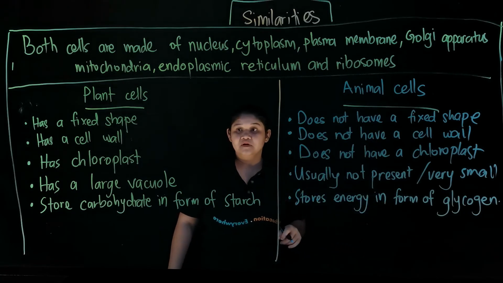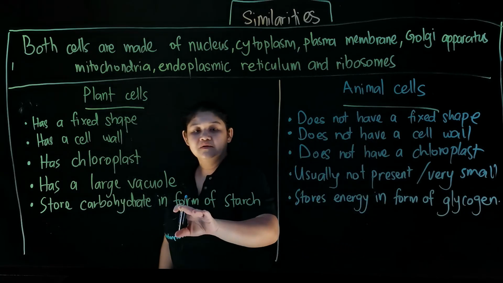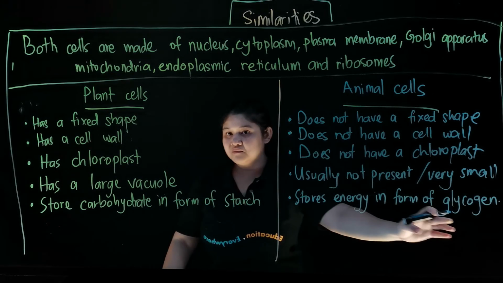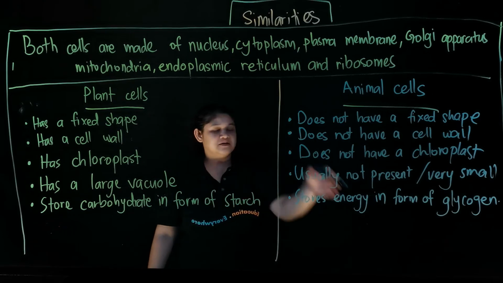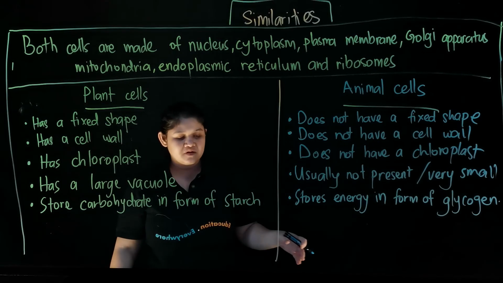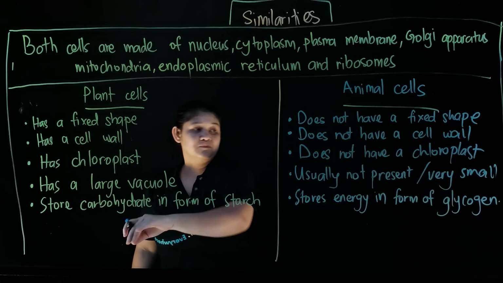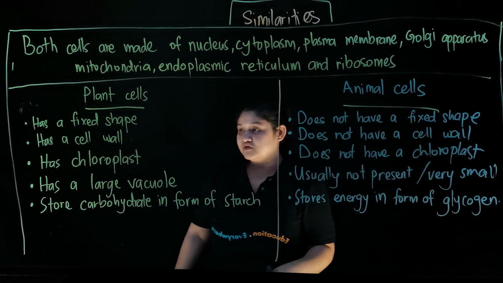If you're not sure what is starch or what is glycogen, we will look at the next chapter, which is macromolecules. We will cover in depth what is carbohydrate, what is starch, what is glycogen.